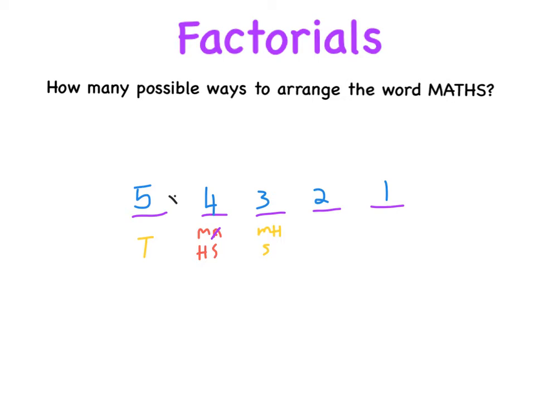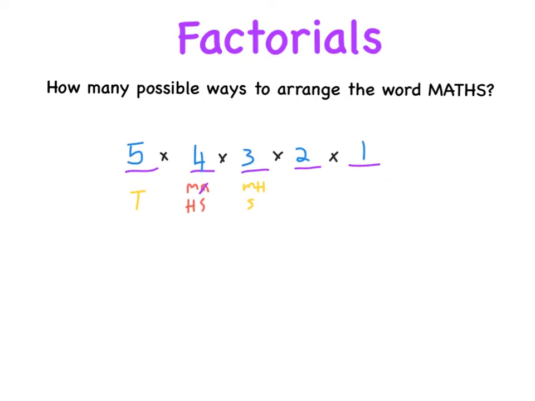the last box. So if I am arranging the letters of the word maths, how many different possible arrangements do I have? Well, 5 by 4 is 20, times 3 is 60, times 2 is 120, times 1. So that means there are 120 different ways to arrange it.